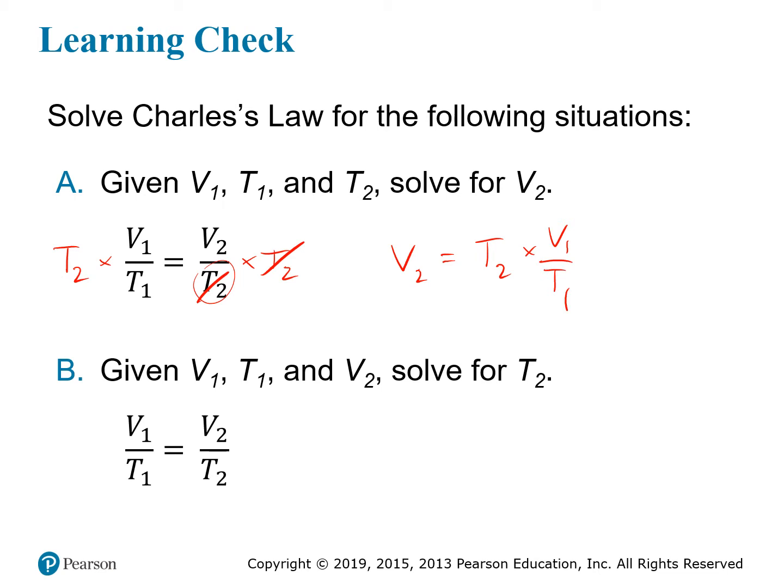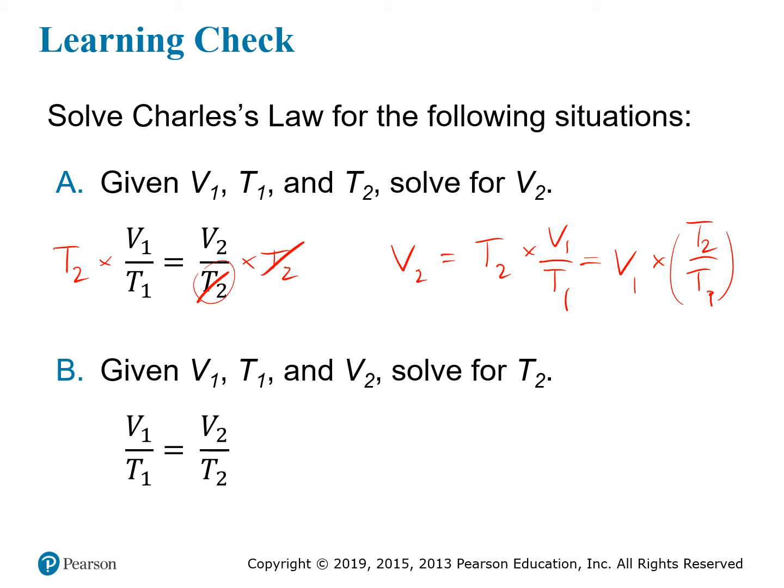Often this is grouped together as V1 times T2 over T1. The only thing I've done here is flip around the T2 and the V1, so the temperatures are grouped together. Again, this is to remind you to cancel out the Kelvin unit.